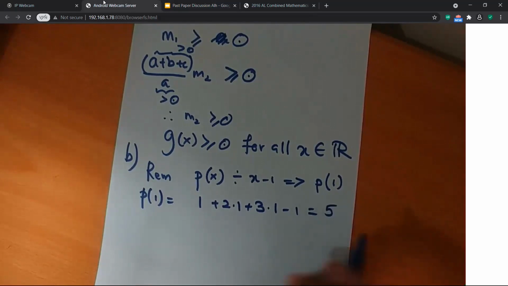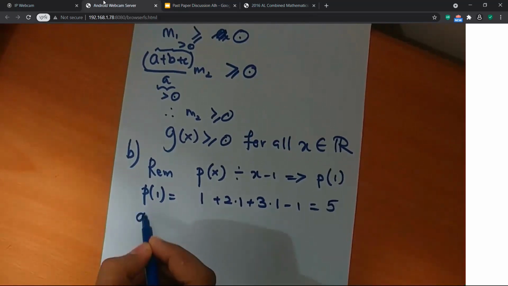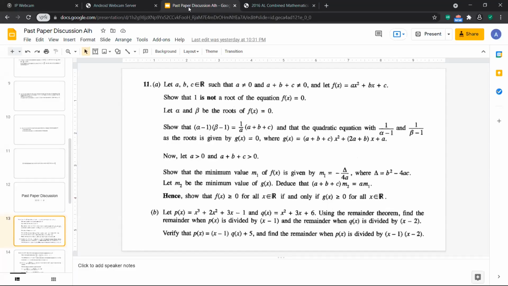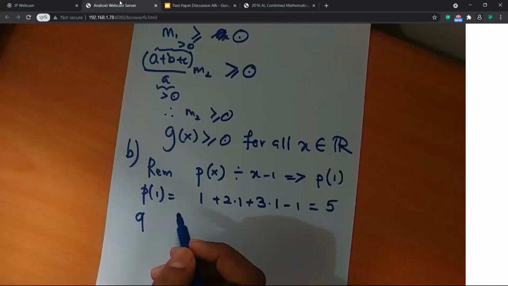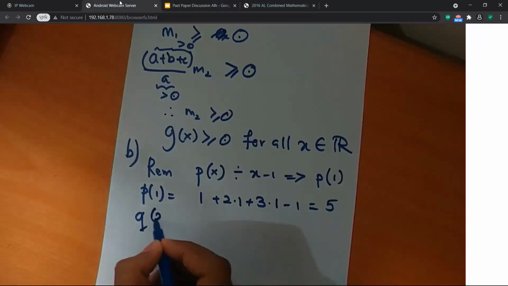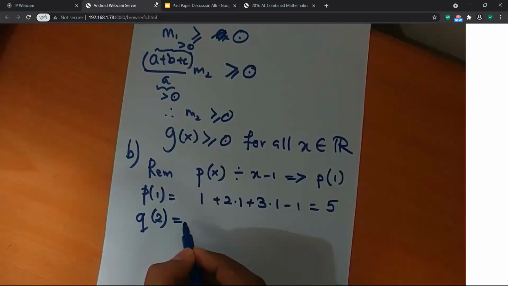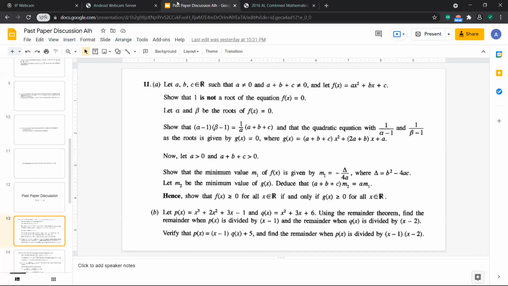So the next thing is when q(x) is divided by x minus 2. That means we substitute x equals 2 for q. So what is q(x) again? x squared plus 3x plus 6. Instead of x, we substitute 2.